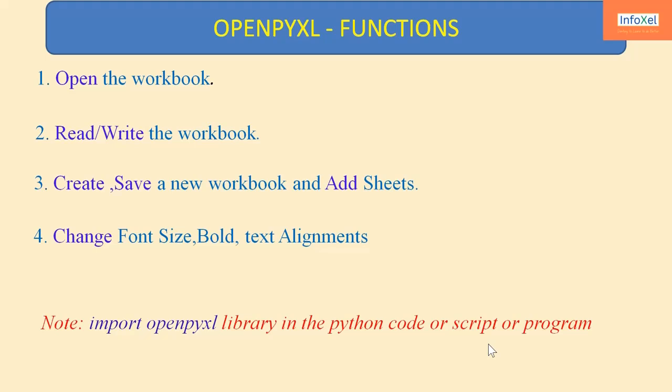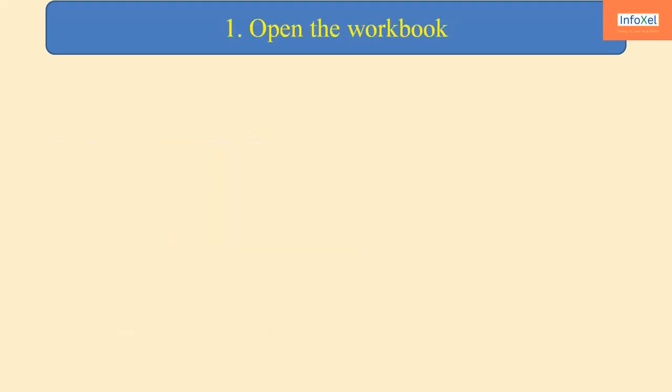Note, a very important thing that you have to keep in mind is to import the Openpyxl library in the Python code, Python script or program. That is very important.